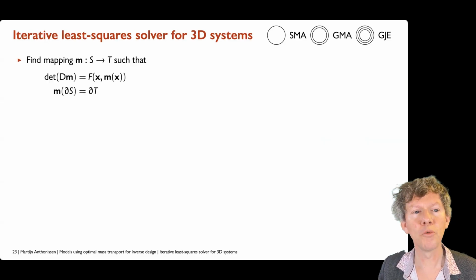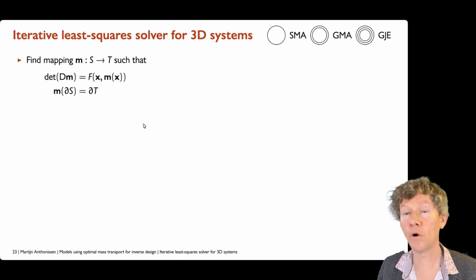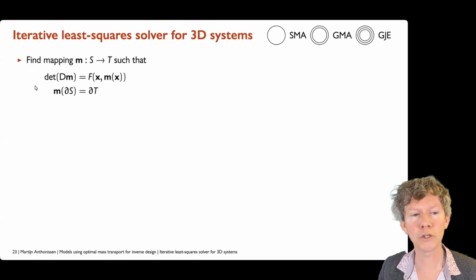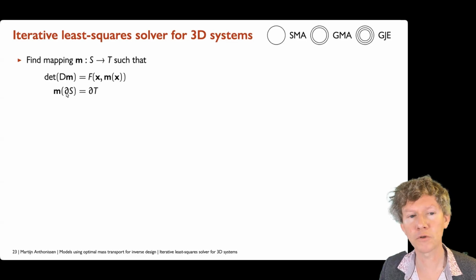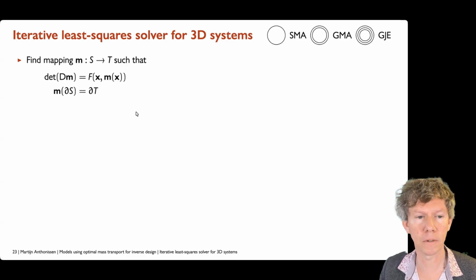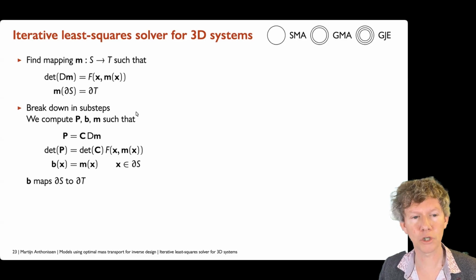Now, to solve it numerically, we need also in 3D a boundary condition, which is here the transport boundary condition. So it tells that the optical mapping, light rays that leave at the source, the boundary of the source go to the boundary of the target. We break it down in steps, so we solve it numerically by finding a P and then a mapping from boundary to boundary.